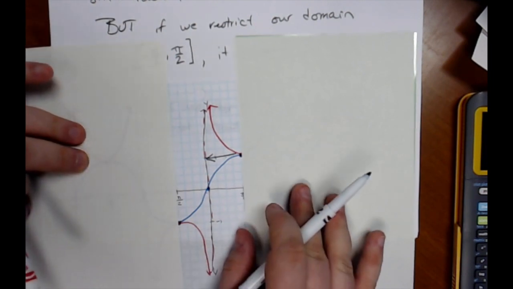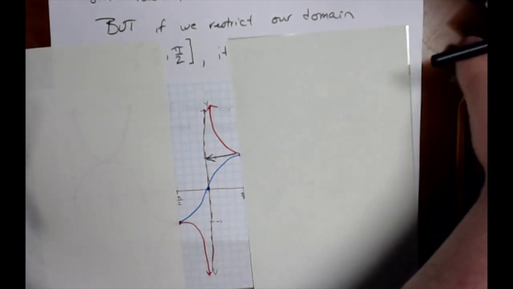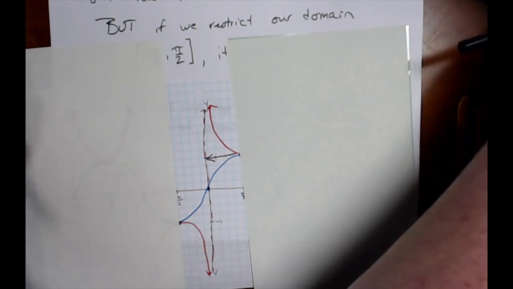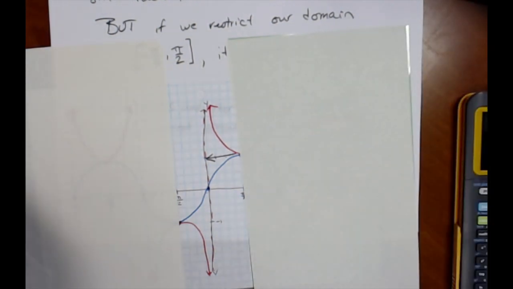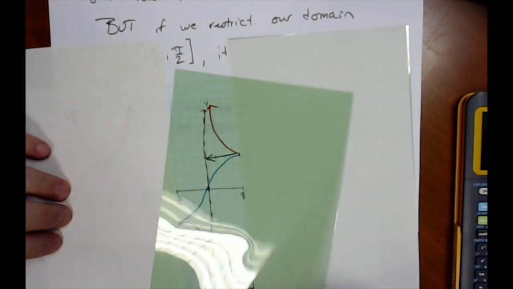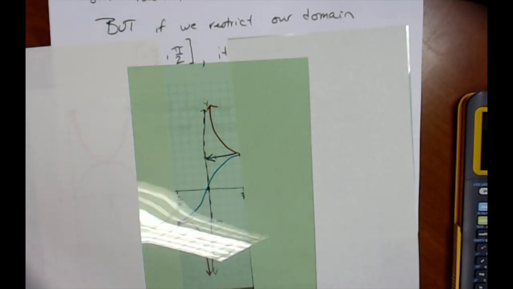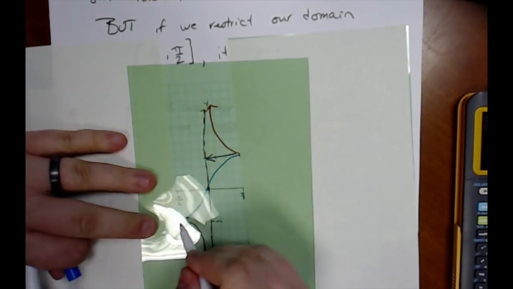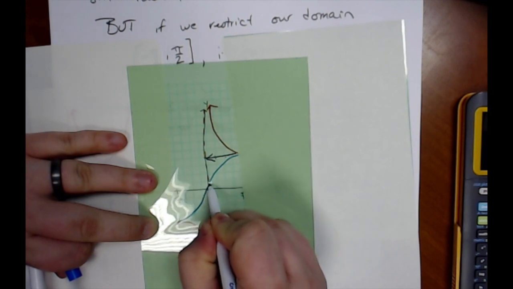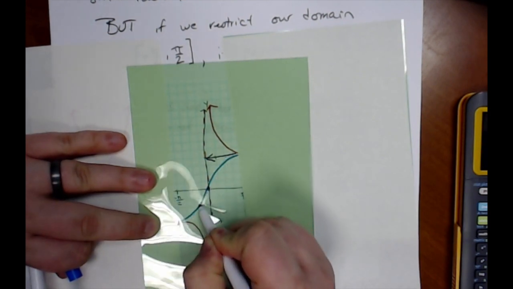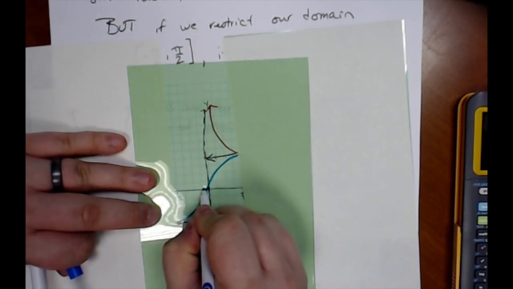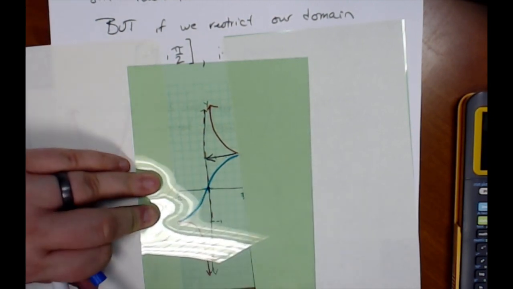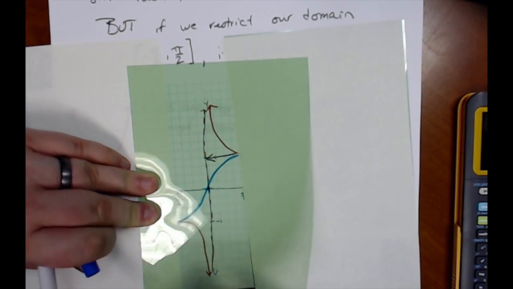So here we have our restricted domain from negative pi over 2 to pi over 2. Take a transparency. I'll get my blue marker just to stay consistent. This is my sine of x curve. I'll give myself a little bit of orientation so I don't lose track.